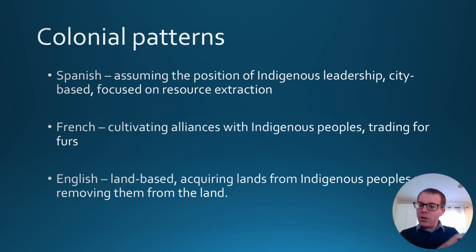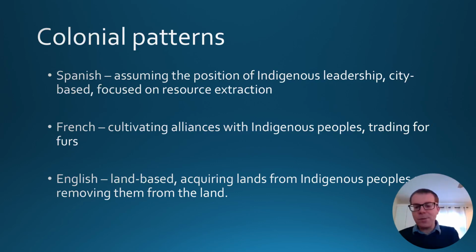The Spanish pattern involved taking over the position of indigenous leaderships. They would find an indigenous nation, conquer that nation and take control of it, and effectively govern it using those same indigenous political structures.